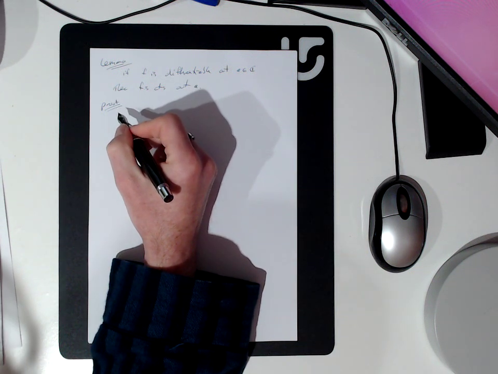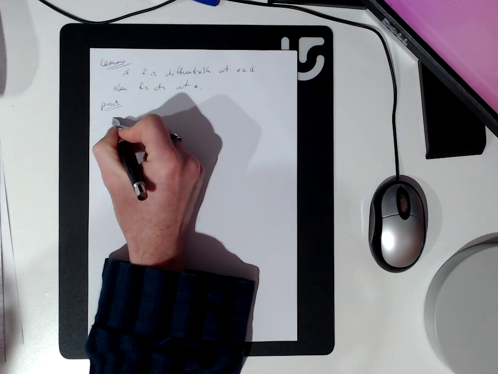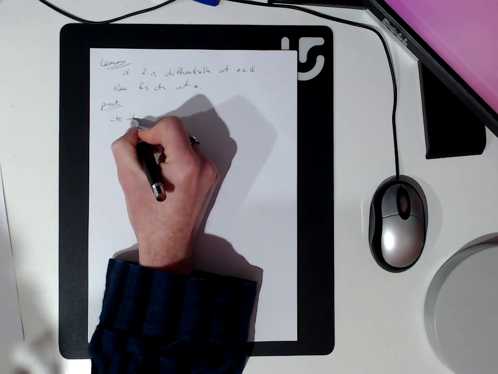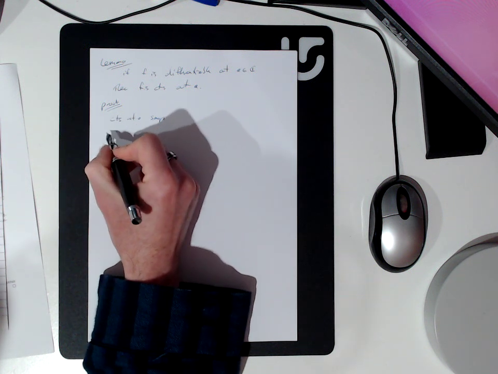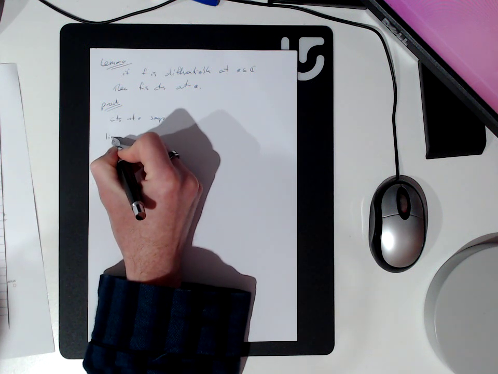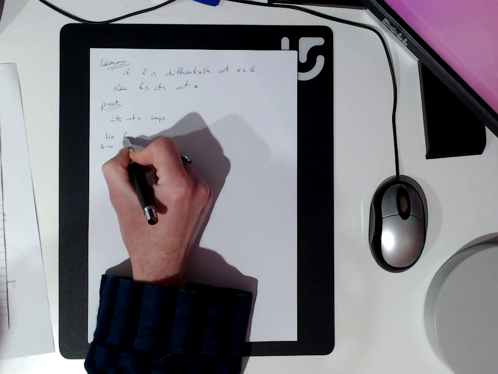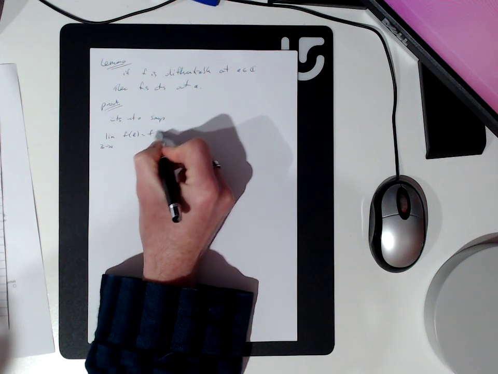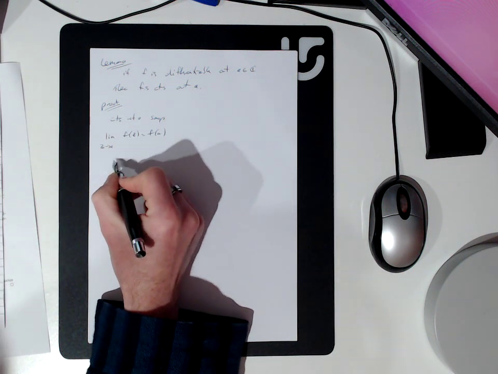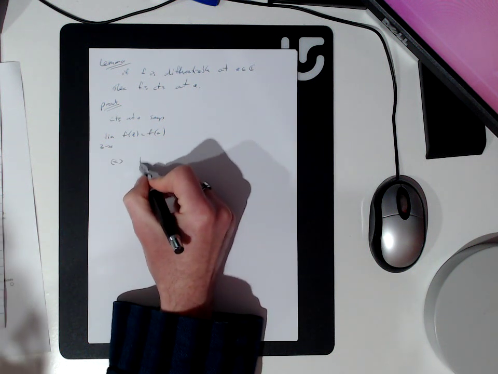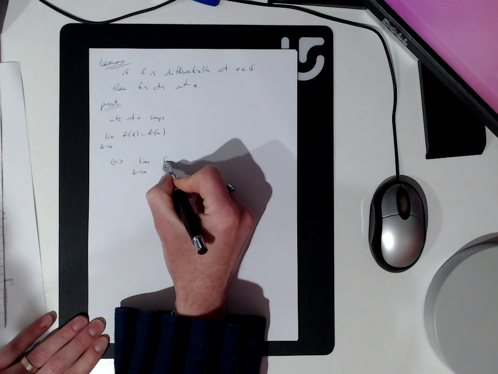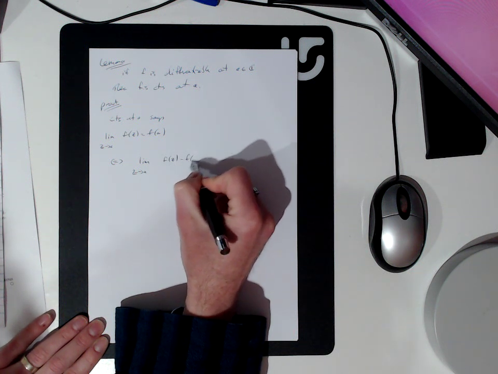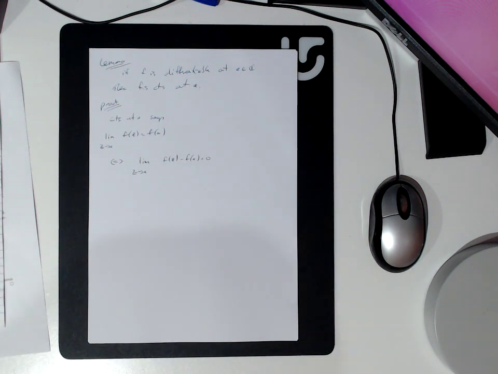Okay, continuity at A says that the limit as z goes to A of f(z) is equal to f(A). This is equivalent to saying that the limit as z goes to A of f(z) minus f(A) is equal to 0.